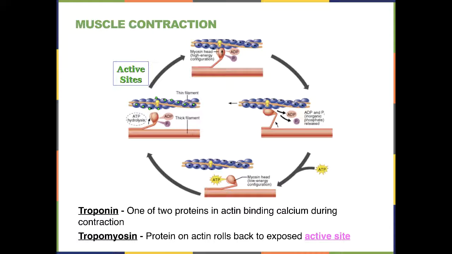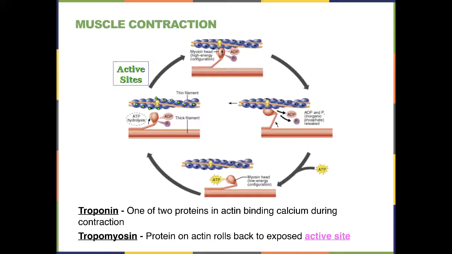This is at the top. The ADP and the phosphate are still present. When the ADP and the phosphate are lost, the myosin molecule forcefully moves from right to left, pulling or contracting the actin molecule, pulling it in closer together.